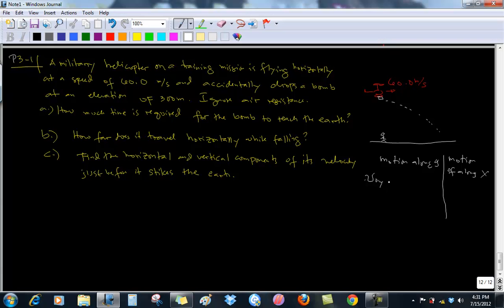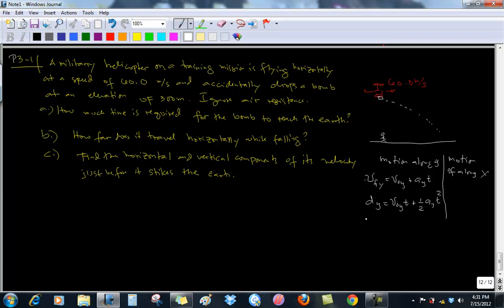V final y is equal to Voy plus Ay times time. Second, I will also write dy is equal to Voy t plus 1/2 Ay t squared.